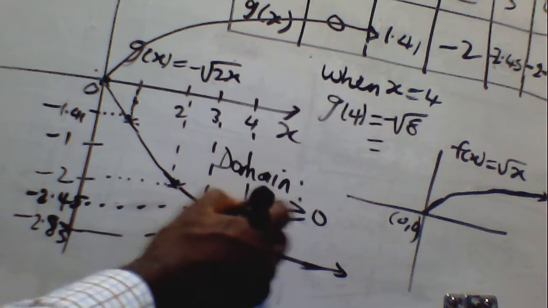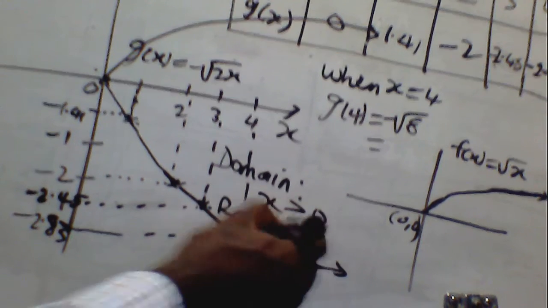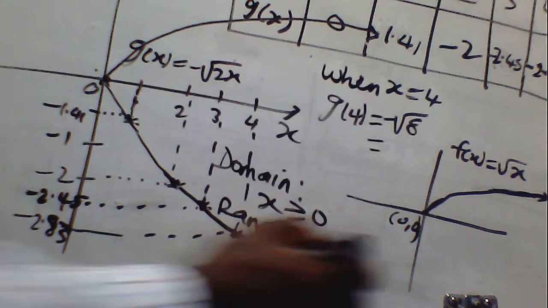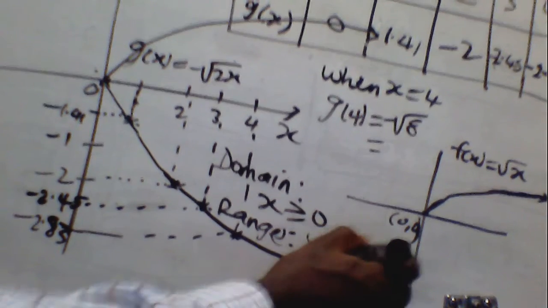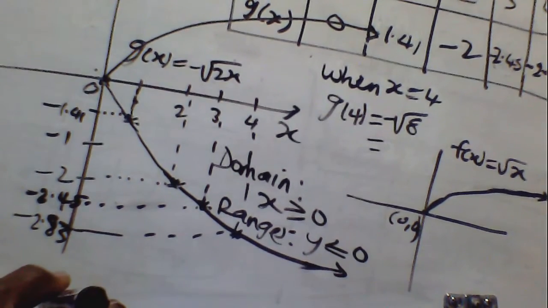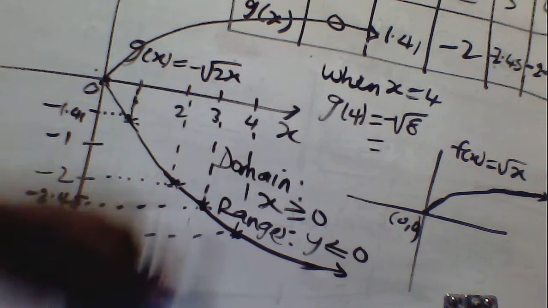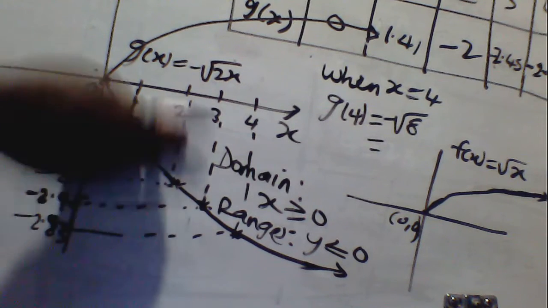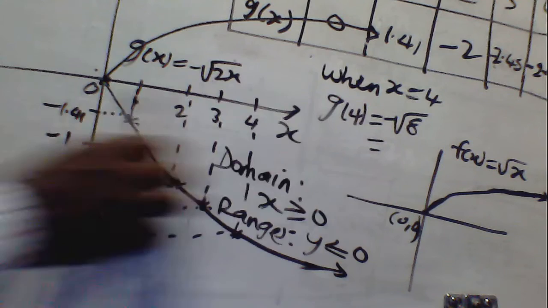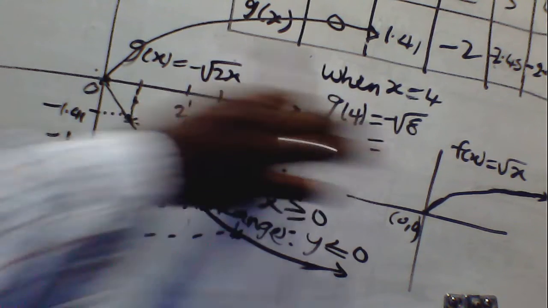The range, I hope you are seeing it. The range y is less than or equal to 0. Here is the range. This is for y. Here is for x. You are seeing it. This side, the domain, is the x.